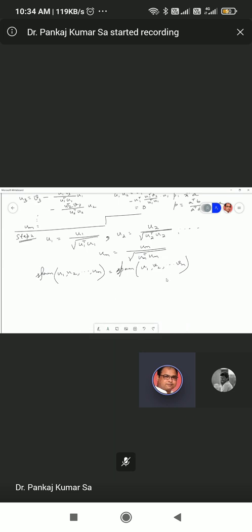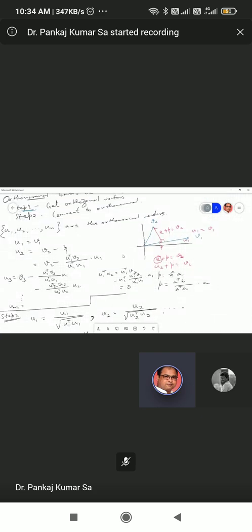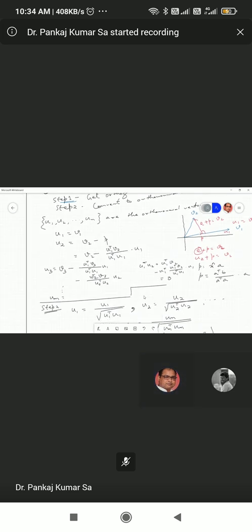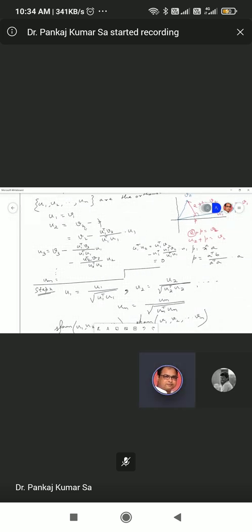How are they the same? Just look at this. U1 is equal to V1. U2 is equal to V2 minus something times U1.